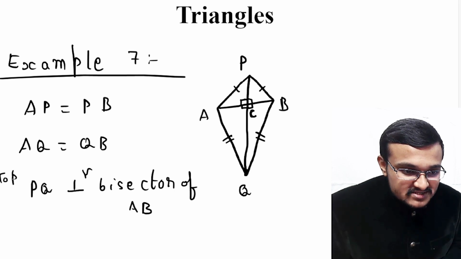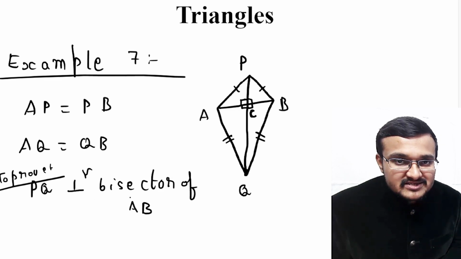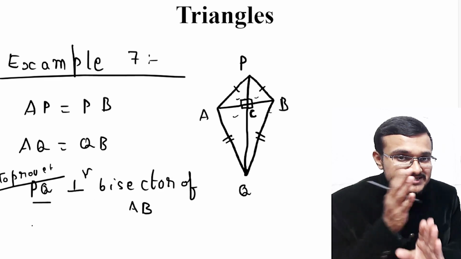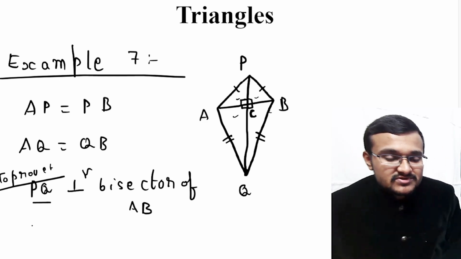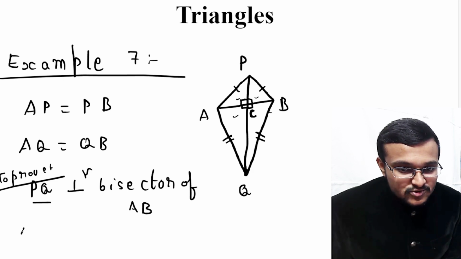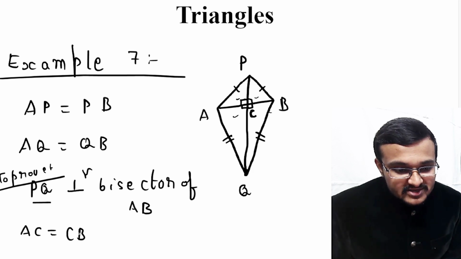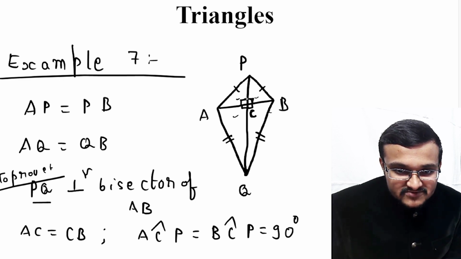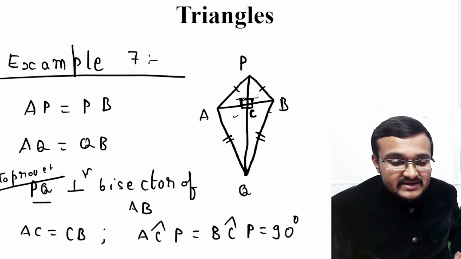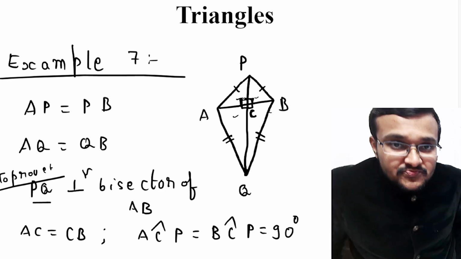What we need to prove is that PQ is the perpendicular bisector of AB, so it bisects AB in such a way that AC will be equal to CB. So we need to prove AC is equal to CB, and that angle ACP is equal to angle BCP, which is equal to 90 degrees.